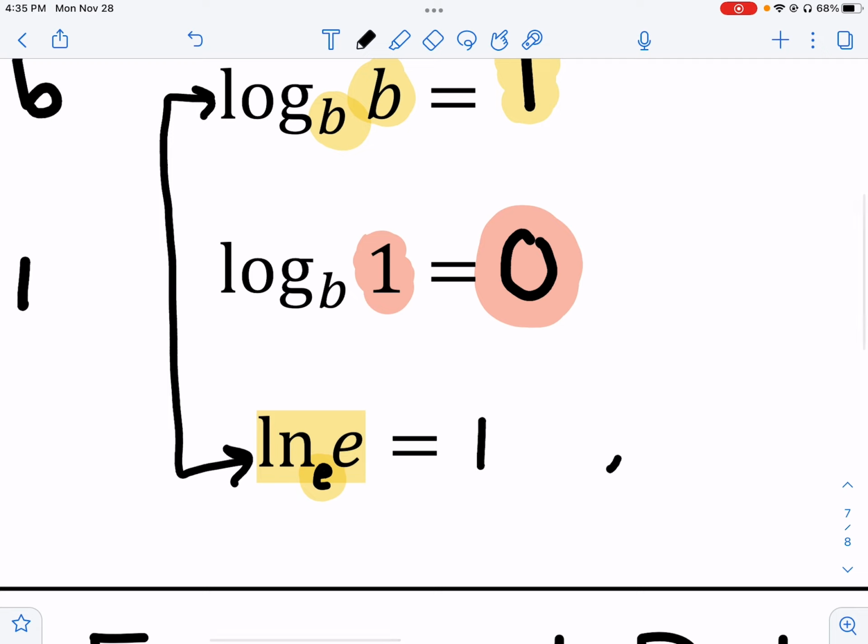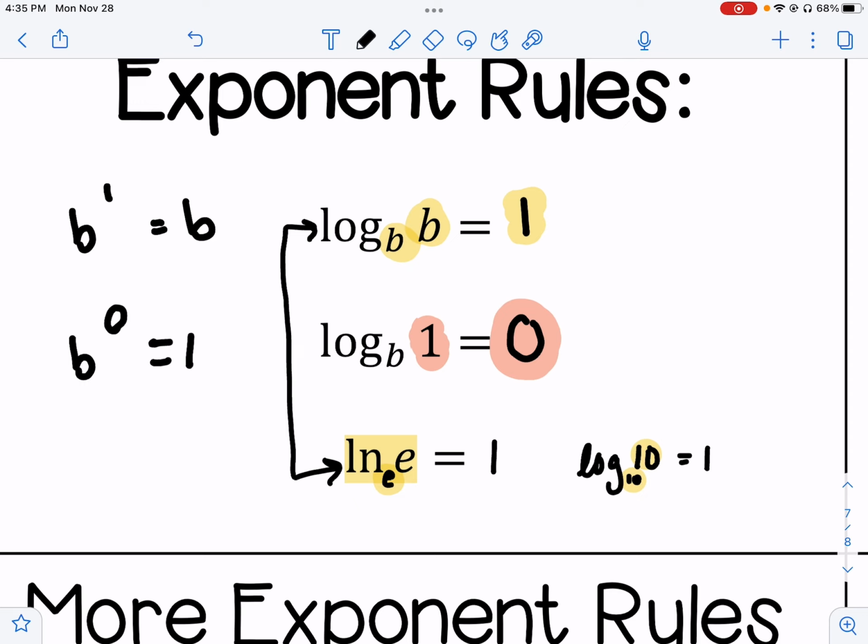The last way we can see this is the log of 10. We know that if we don't have a base written, that base is really 10. So once again, we see that relationship that these are the same, so it is going to be equal to 1. So these are some of our tricks that are going to be really, really useful as you dive further into your understanding of logarithms.